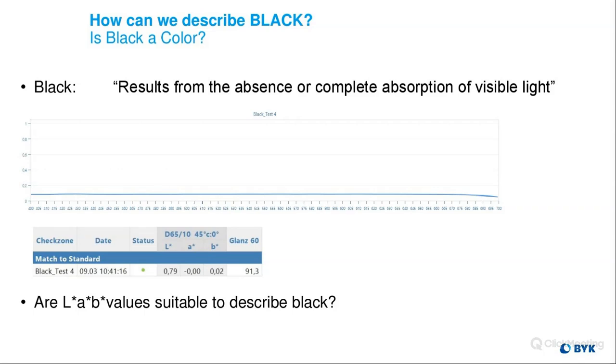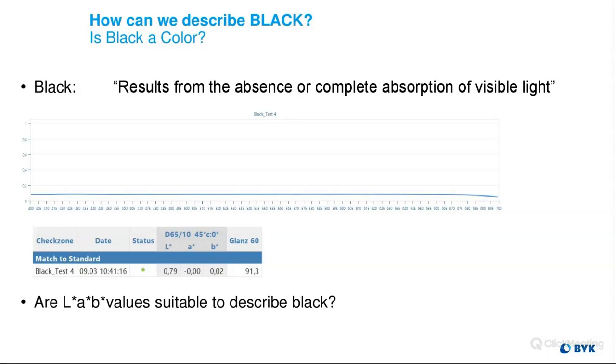This is an example of a spectral profile of a black color, one of those deep blacks. And you can see it's almost completely flat all the way across the board, meaning that there's no color being picked up there because it's so deep black. So the idea is, how can we distinguish between these undertone colors?